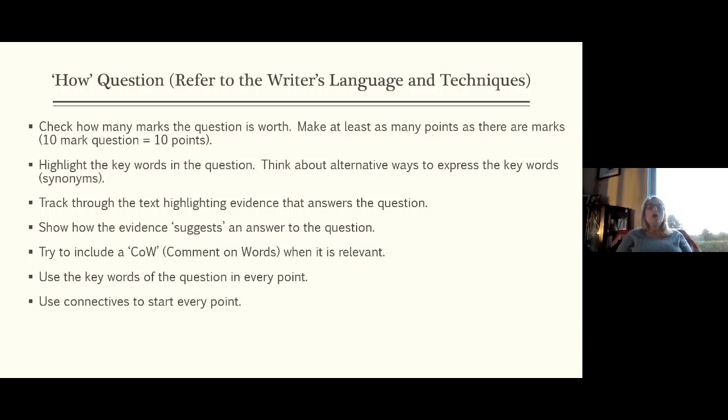You could include comments on words in a how question when it's relevant, because sometimes the language that's used warrants a further explanation, so that you can explain further to the examiner why those words or why that language might persuade you to do something. Okay, you can use keywords from the question in every point and use connectives again to start every point.